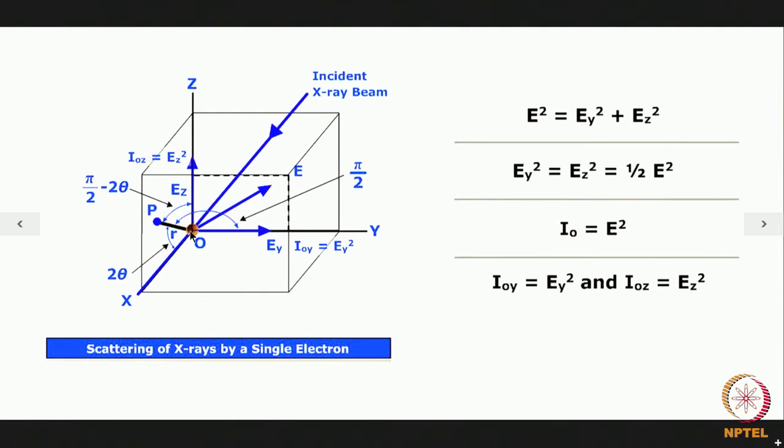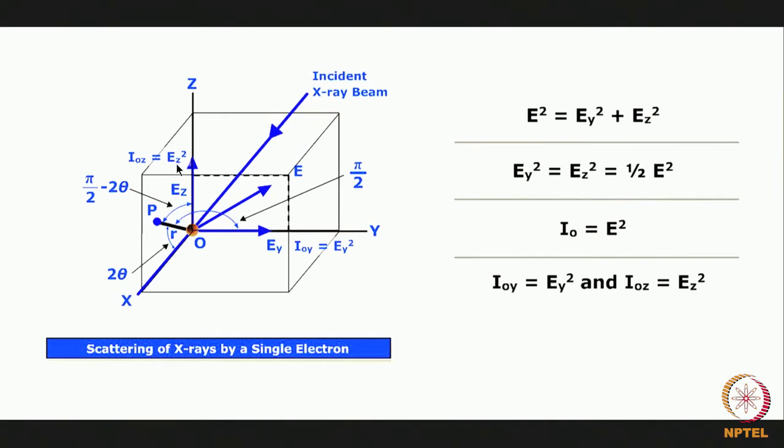Now, the electric vector E associated with this beam of X-rays can be resolved into two components, Ey along the y direction and Ez along the z direction. Now, the intensity of the electric field component along y will be the square of Ey, it will be Ey square. The intensity of the z component of the electric field is equal to Ez square.